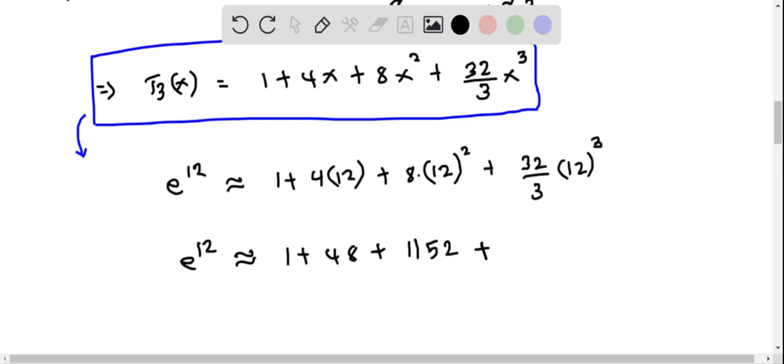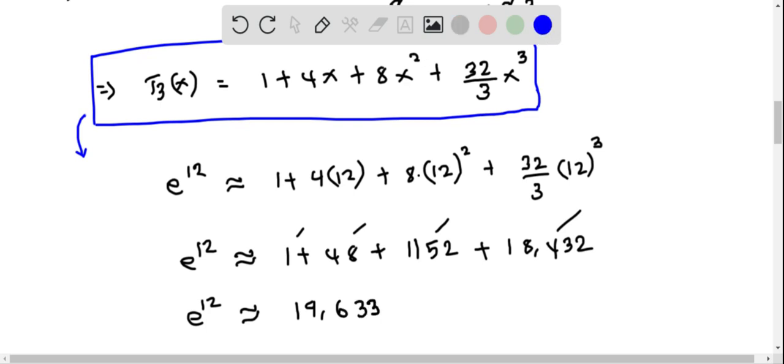That is 12 cubed times 32 divided by 3, and this is 18,432. And so we just add these four numbers: 1 plus 48 plus 1152 plus 18,432. And when we add this, we get approximately 19,633. So this is the approximate value of e raised to the power of 12.